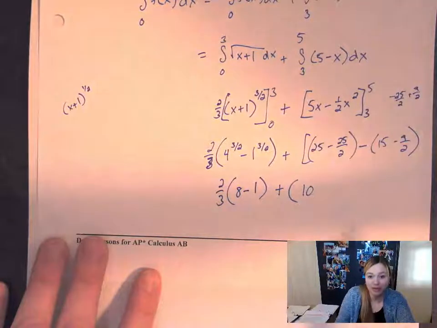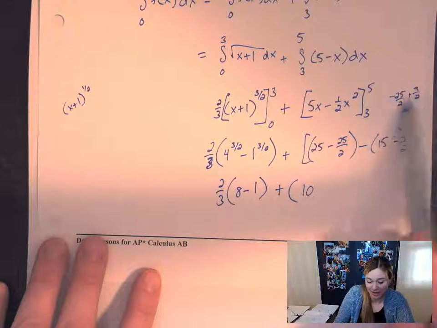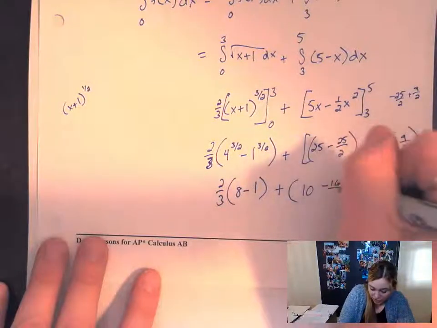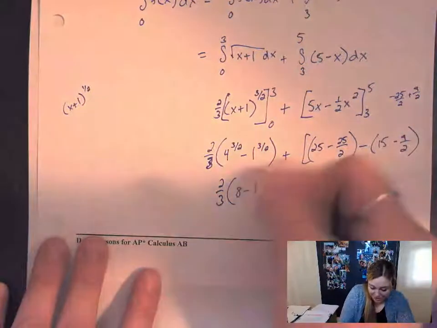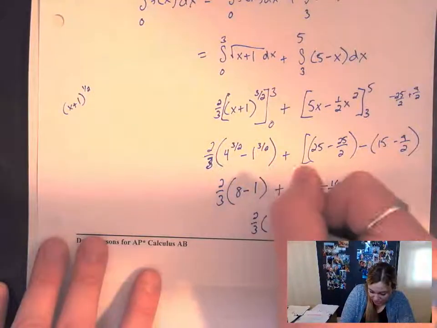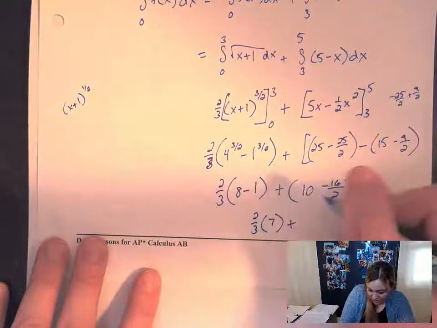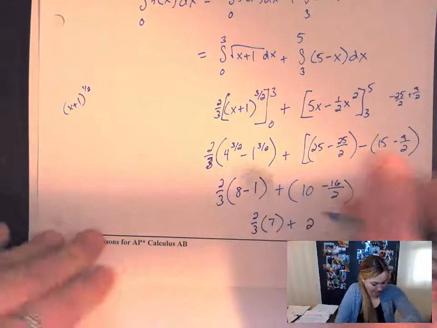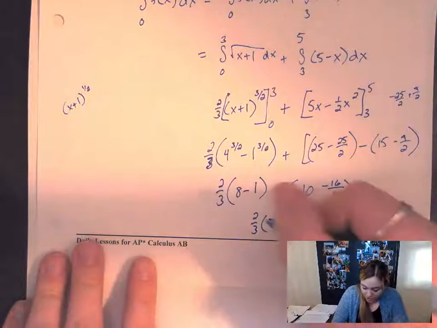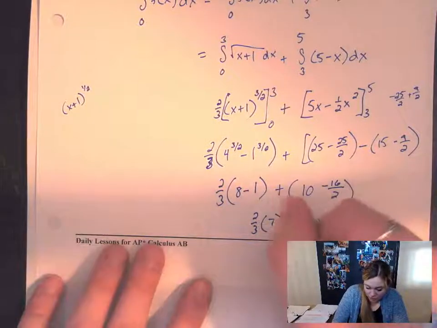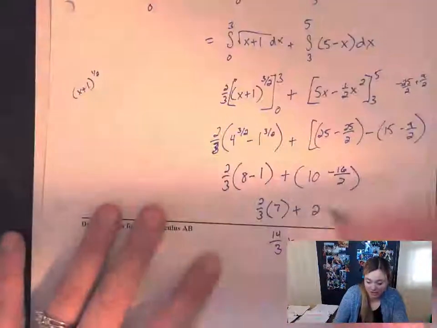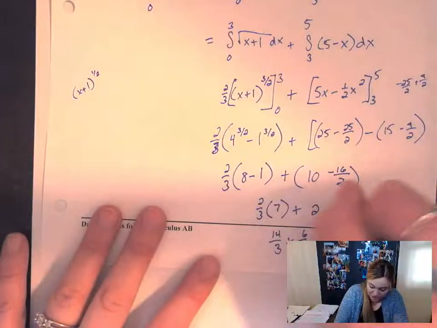And the reason why I'm doing that is just because it's going to be easier to add these. Negative 25 plus 9 would be negative 16 over 2. Yeah, I'm getting somewhere. 2/3 times 7. Plus, over here, I've got 10 minus 8. And I got 2. I've got 14/3 plus 2, which is the same thing as 6/3, and I end up with 20 thirds.